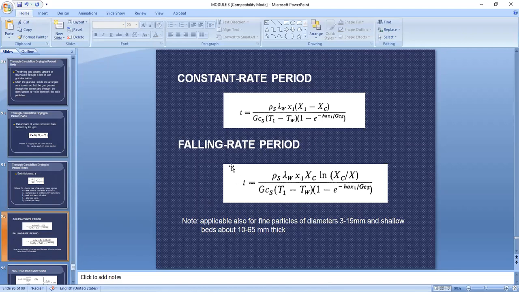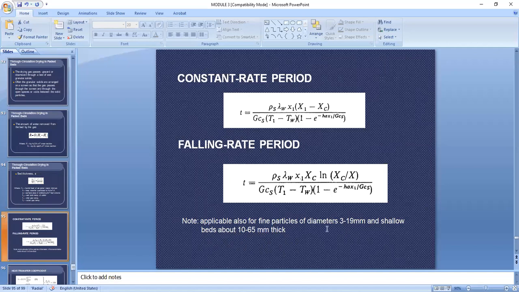Now this formula for the constant rate period drying time and the falling rate period drying time is applicable for particles of diameter ranging from 3 to 19 mm and shallow beds about 10 to 65 mm thick.